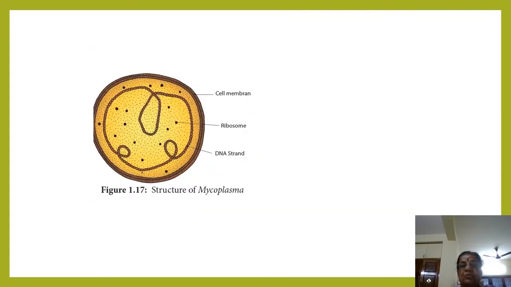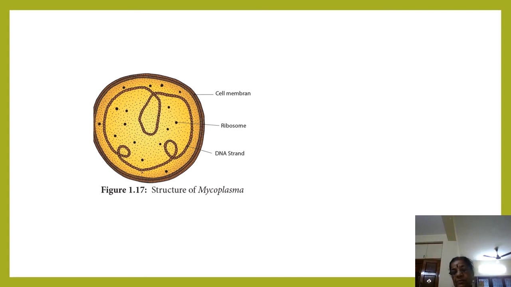Okay, the next one, Mycoplasma that I mentioned, it does not have any special structure. It has cell membrane, ribosome and DNA strand. It is a leafless, stemless and rootless structure, that is called Mycoplasma.